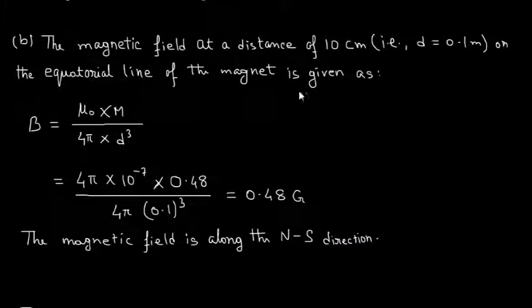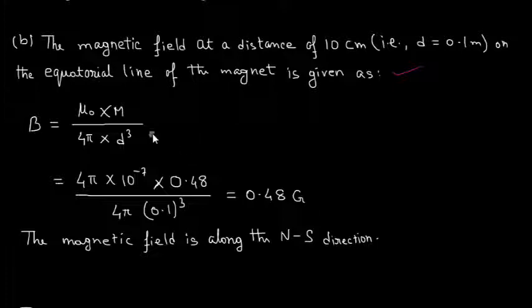So the magnetic field at a distance of 10 centimeter, that is d is equal to 0.1 meter, on the equatorial line of the magnet is given as B is equal to mu naught multiplied by M upon 4 pi multiplied by d cube.